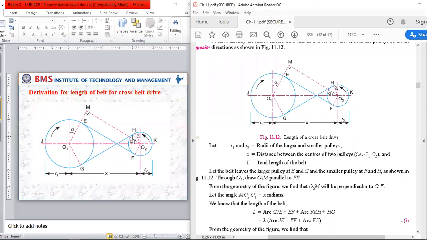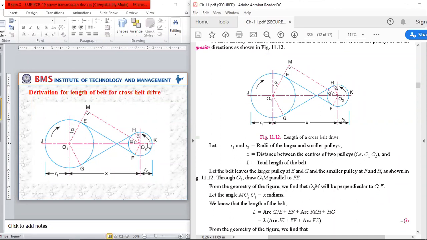Then arc HKF. So if you look at this, in the case of cross belt drive, as we told, the arc of contact will be the same on both pulleys. That is, the arc of contact in this case is 180 plus 2 alpha, and in this case is also 180 plus 2 alpha.